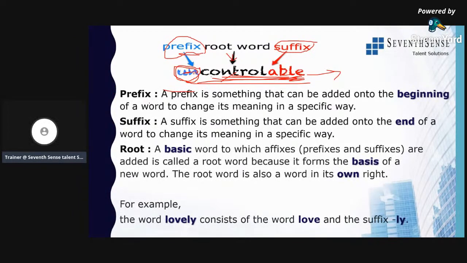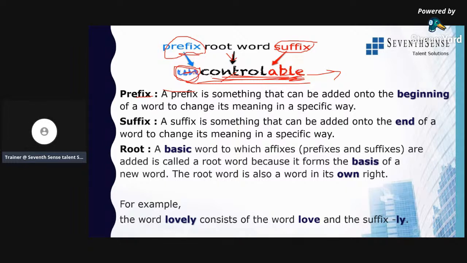See here. What is a prefix? A prefix is something that can be added onto the beginning of a word to change its meaning in a specific way. A prefix is nothing but letters or words which can be added at the beginning of a word. A prefix is a string of letters. A string is nothing but more than one letter, right?